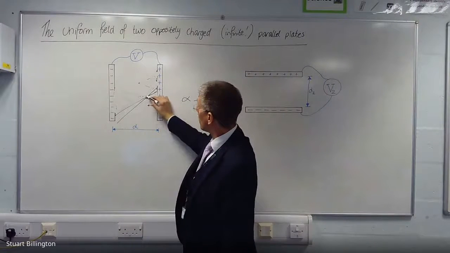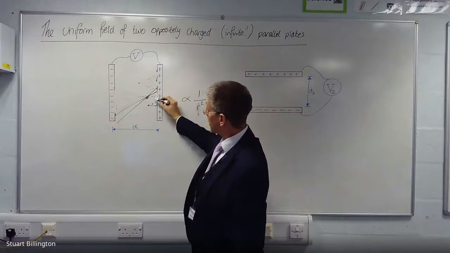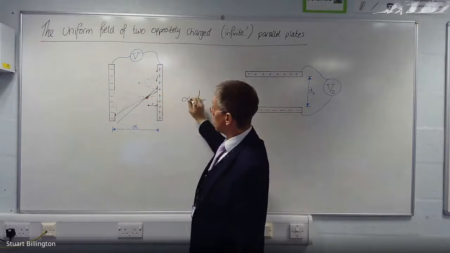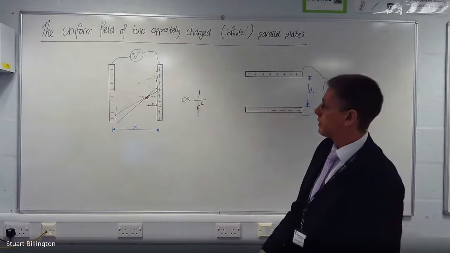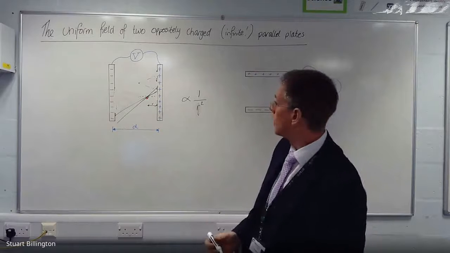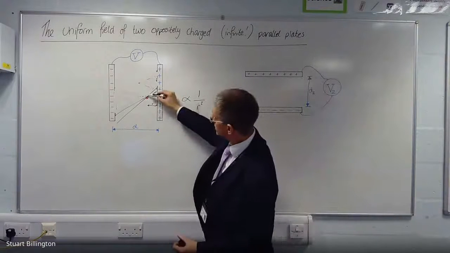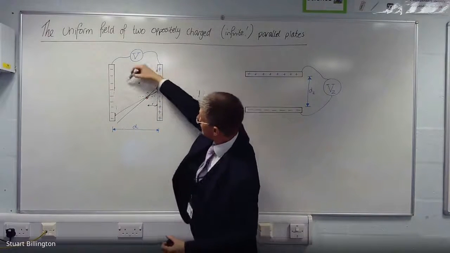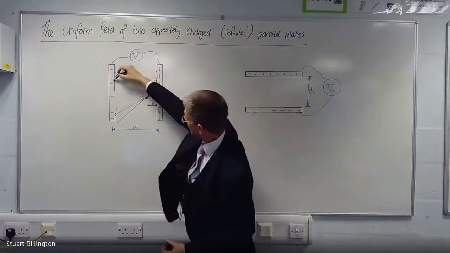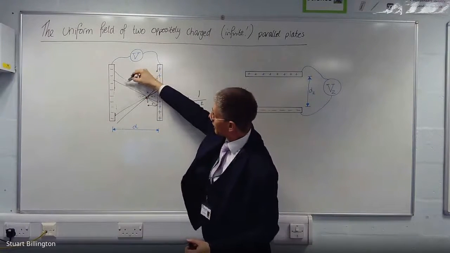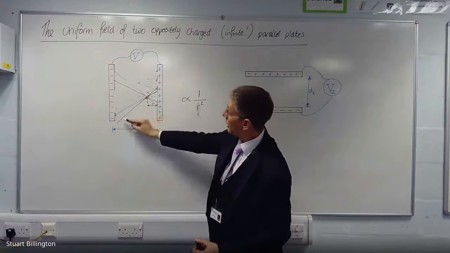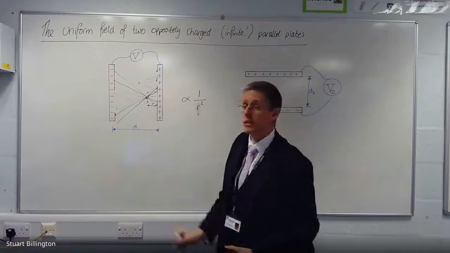So when you resolve horizontally, they'll both be pushing sideways. But when you resolve vertically, the forces will cancel. Because whereas there's an upward component here, there's exactly the same angle over here somewhere where there's a downward component from these electrons and these protons and an upward component from these ones.